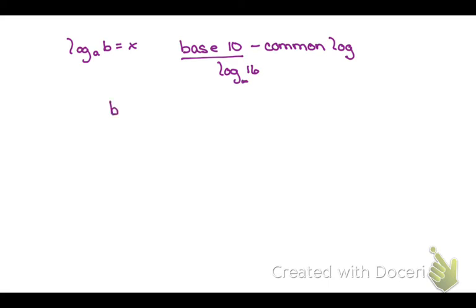Now, we have another base. Anything that is base e is called the natural logarithm or natural log. We don't write log base e of B. That looks weird.